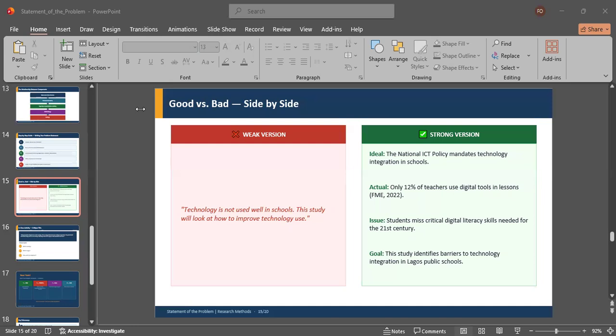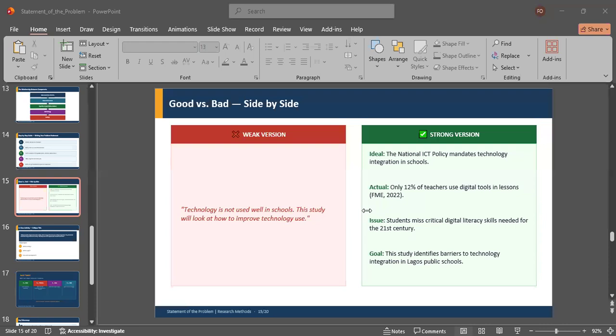So now you're saying only 12% of teachers use digital tools in lessons. You need to show where it is actually showing that 12% of teachers are using it, because you can't just assume 12%. Where do you get that 12% from? That is why this one has FME 2022, showing where this particular 12% came from.